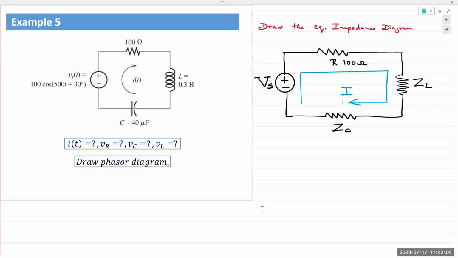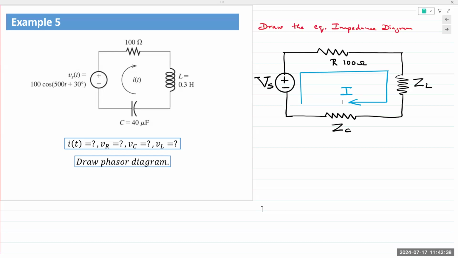Any guesses? Mesh, node voltage, series parallel analysis. But it's a single loop. So if you apply mesh current analysis, it would be the same as applying series parallel, finding like REQ. In this case, you would find ZEQ. So you'd find ZEQ as seen from the perspective of the source, apply Ohm's law, and then find the voltages.